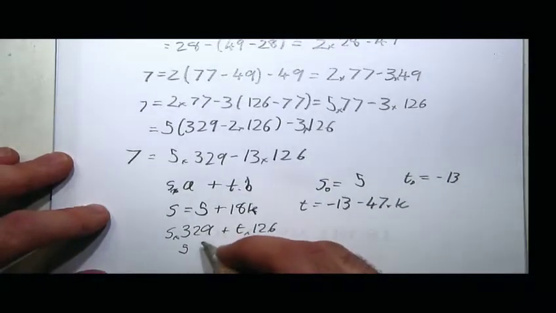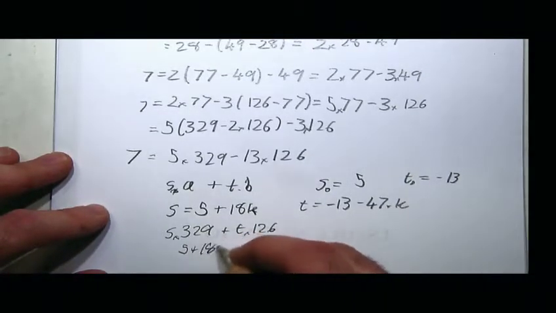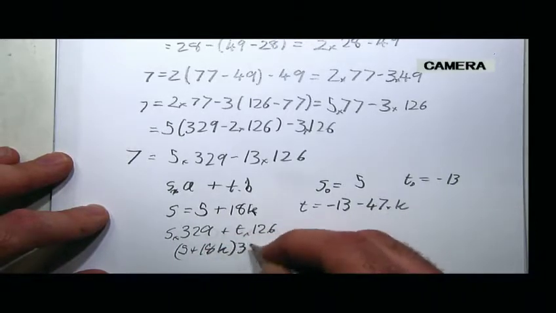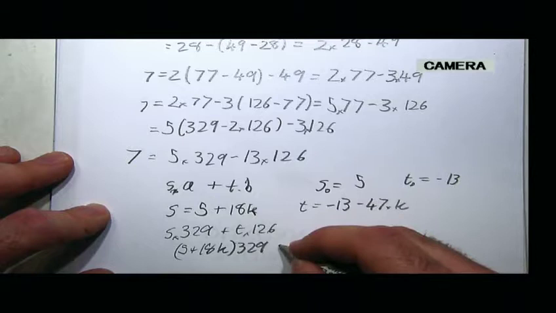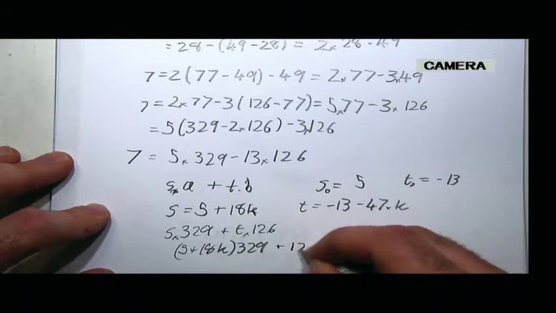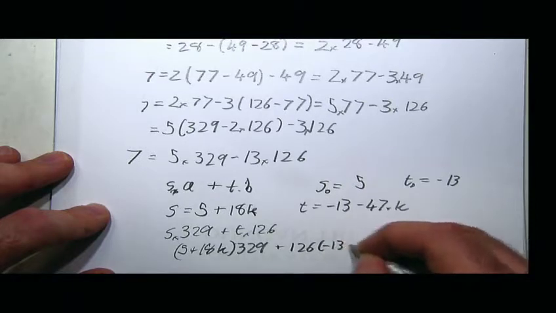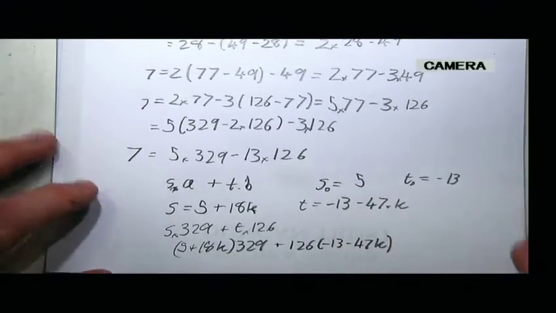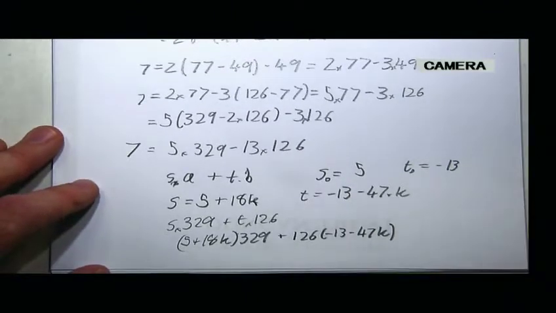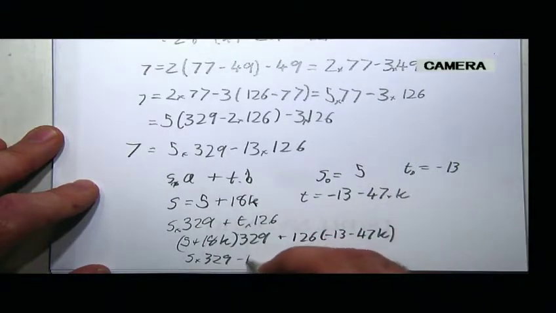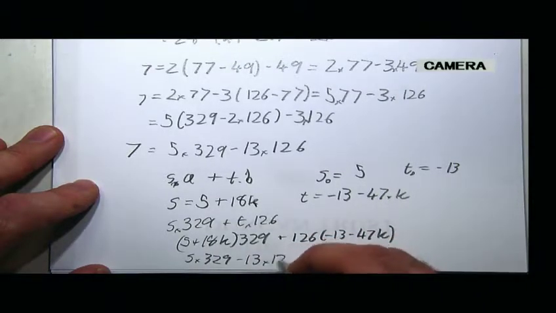So 5 plus 18k by 329 plus 126 by minus 13 minus 47k. So I've got my 5 times 329, and I've got my minus 13 times 126.